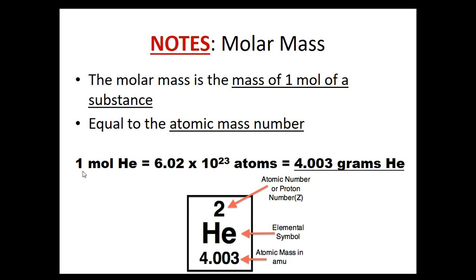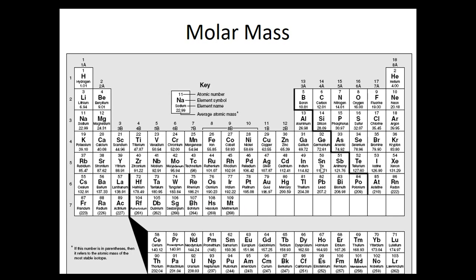So let's say, for example, 1 mole of helium: we have 1 mole of helium sitting on our scale, which is 6.02 times 10 to the 23rd atoms of helium, and our scale will read 4.003 grams approximately. That's the average atomic mass. We're not really going to talk about isotopes today, but that's the number we're going to use.